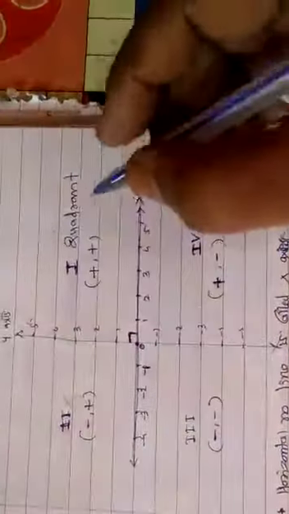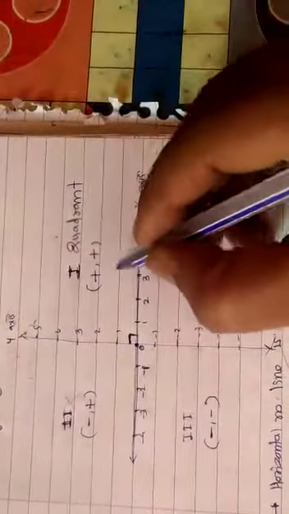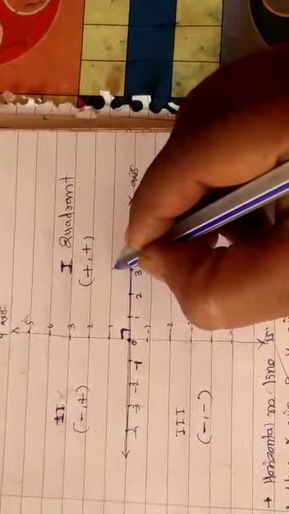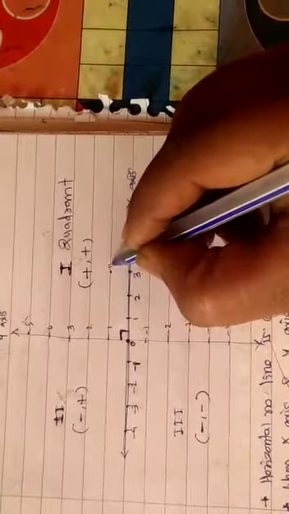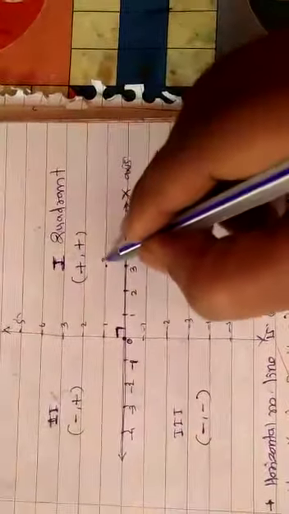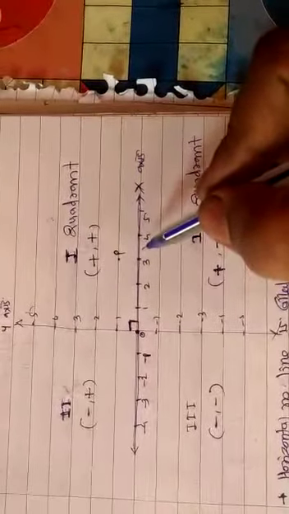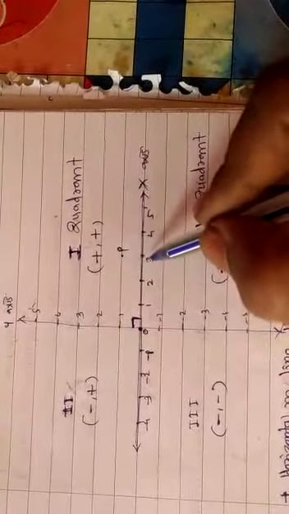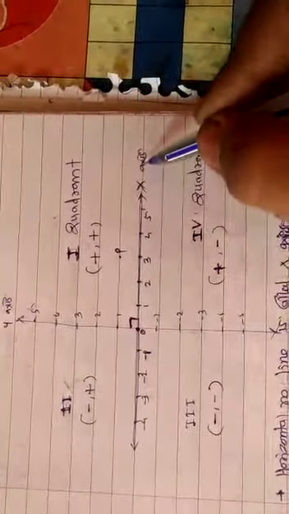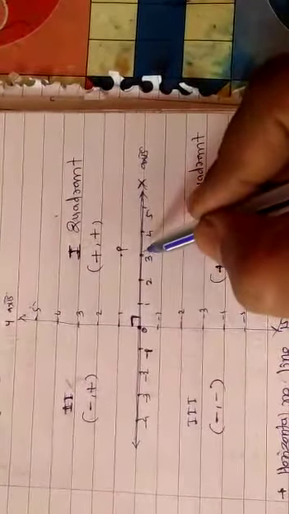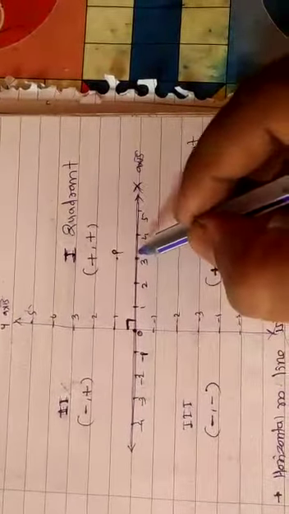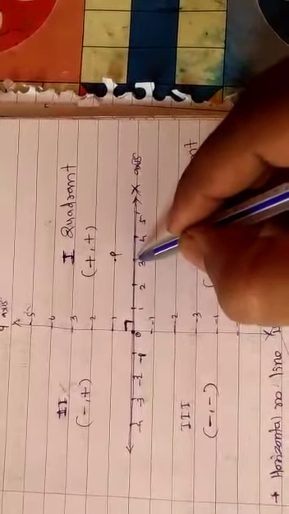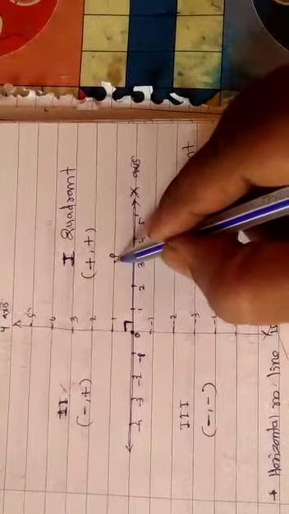Suppose any point P. Here we take one point P. You want to consider the first coordinate, the x-coordinate. So what is the x-coordinate? See, the x-coordinate is 3.